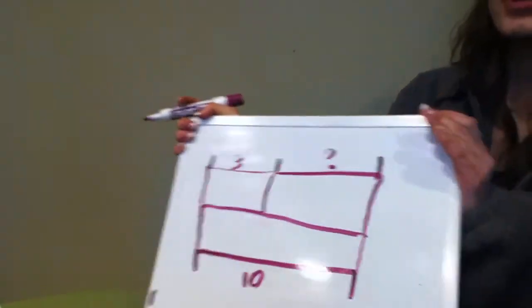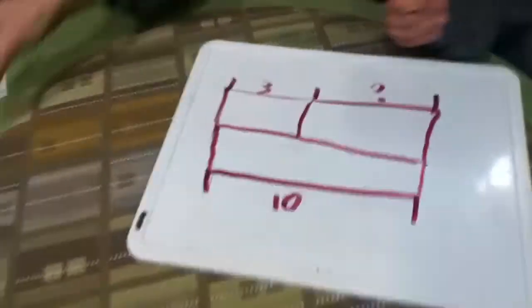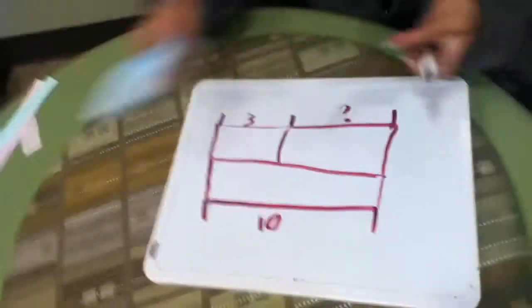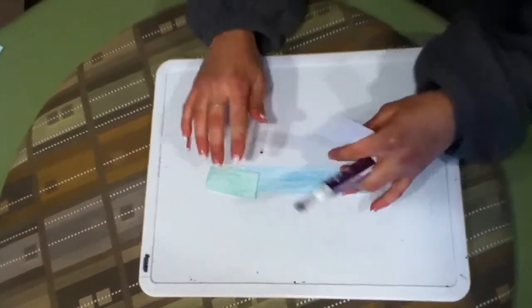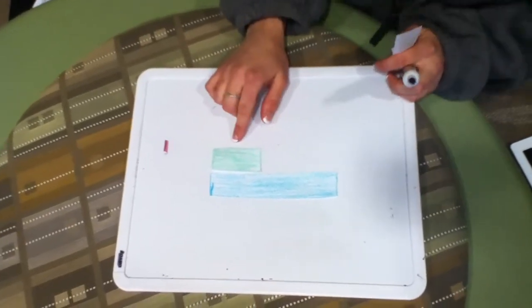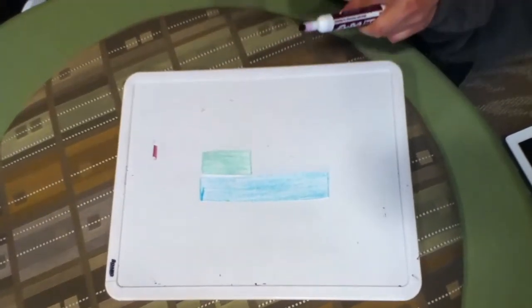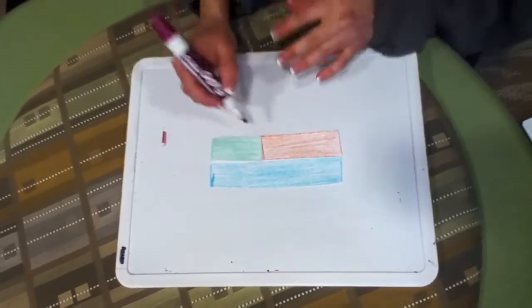So to represent this with strip diagrams, we can see that the whole would be this whole strip, and then the part is this small green part, which represents 3. And now we also have another strip that we do not know what it equals yet.